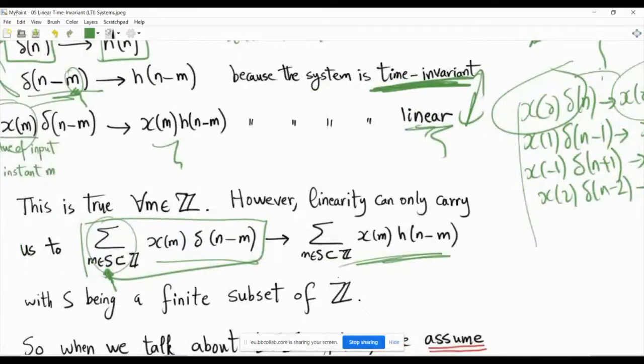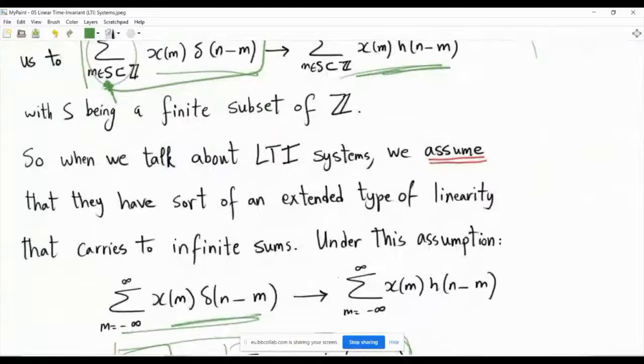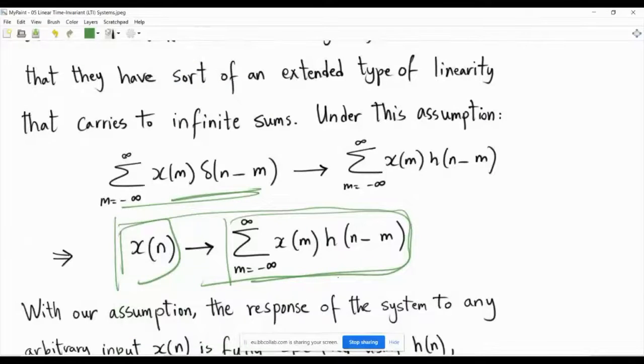When I talk about an LTI system, you can just assume that it has this sort of extended linearity, which will allow us to say that if the input is x of n, then the corresponding output is this summation here.